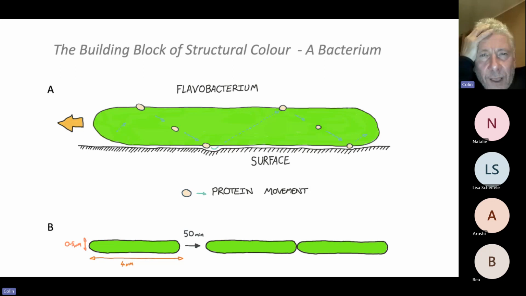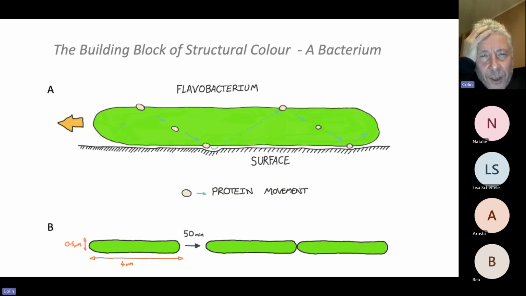This is from the phylum, and I keep getting the name wrong because they've changed it recently, but Bacteroidota, Bacteroidetes, something like that these days. The thing is, it's a rod-shaped bacterium, and the way it moves is almost like the caterpillar tracks on a digging machine or a tank.